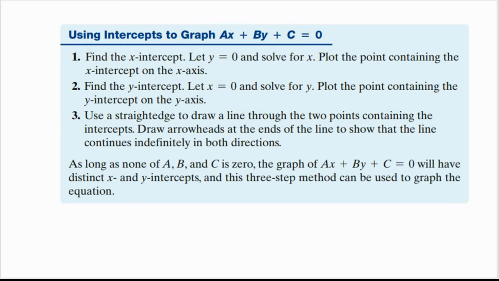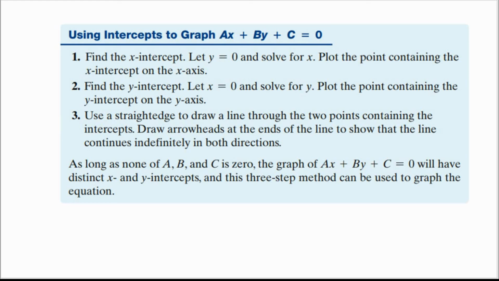So using intercepts to graph this ax plus by plus c is equal to 0. How to find the x-intercept? Just let y equal 0, solve for x. Okay. How to find the y-intercept? Let x equal 0, solve for y.